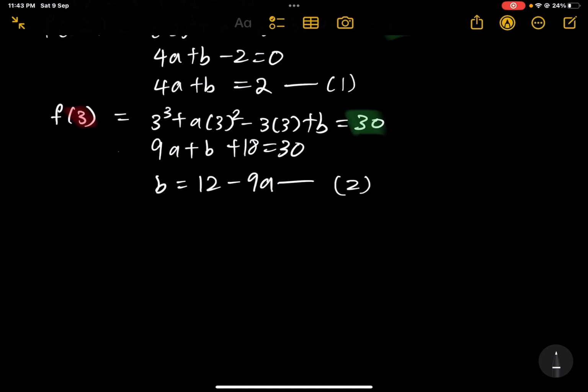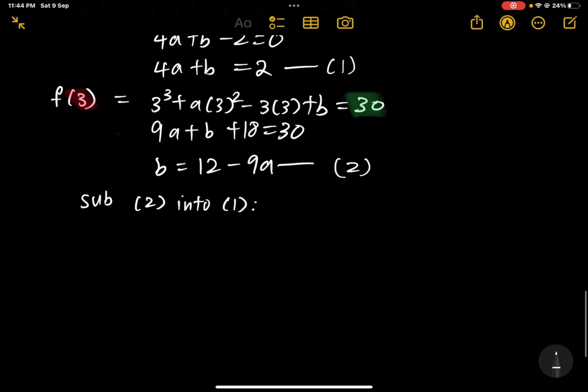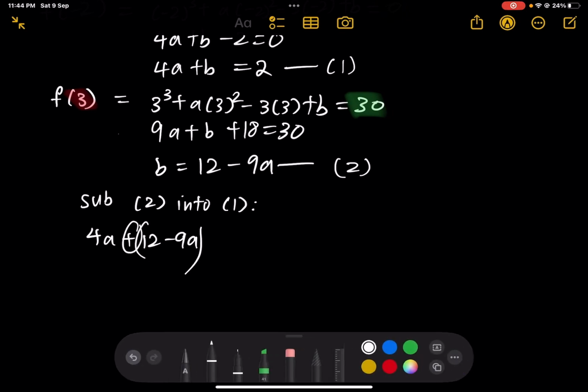Now I'm going to sub equation 2 into equation 1 to do my simultaneous equation. You could do elimination, but I don't really like it. I prefer doing substitution. So 4a plus 12 minus 9a. Since this is a plus, I can put brackets if I want to. If I don't want to put brackets, it's okay.